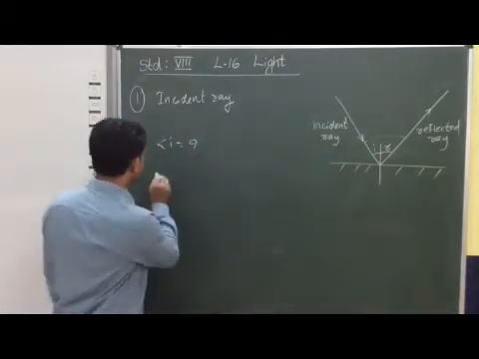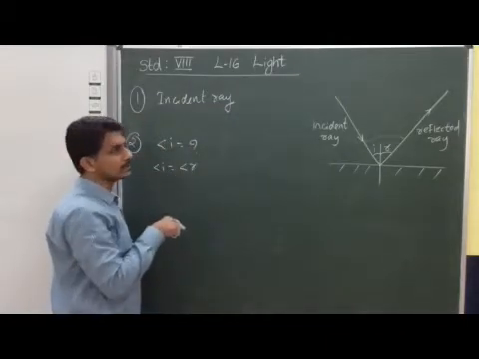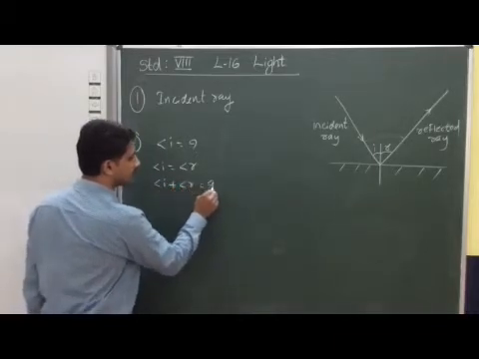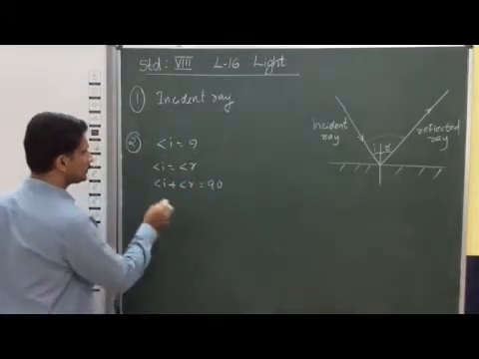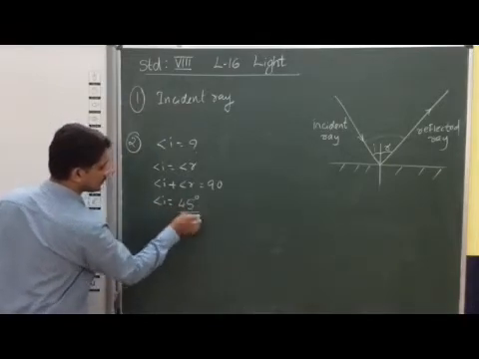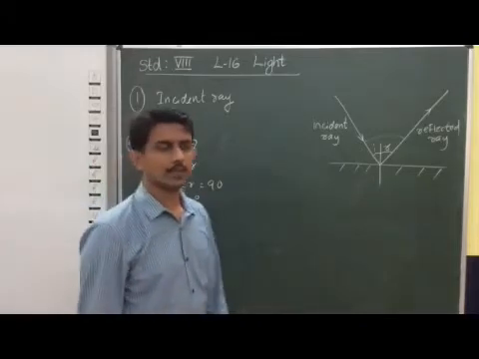We know angle of incidence is equal to angle of reflection. That means angle I plus angle R is 90 degrees. So in this case, angle I is 45 degrees. This way you can calculate the angle I as 45 degrees.